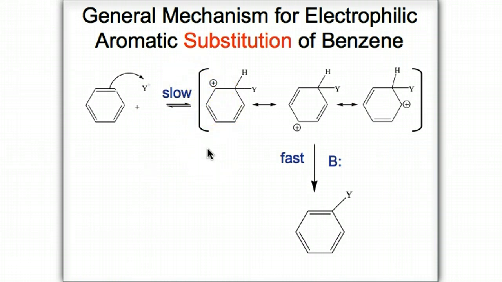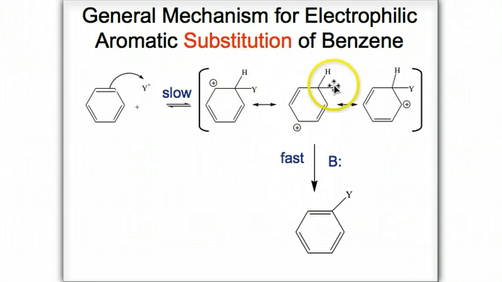And in the second step, shown here, a base pulls off a proton from the carbocation intermediate, and the electrons that held the proton move into the ring to reestablish its aromaticity. This second step is fast and strongly exergonic. The proton is always removed from the carbon that has formed the new bond with the electrophile.